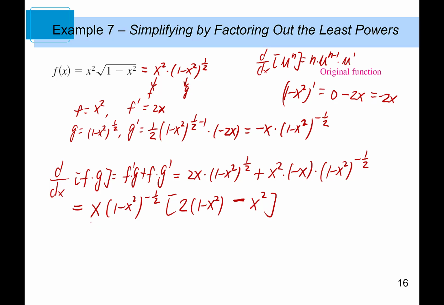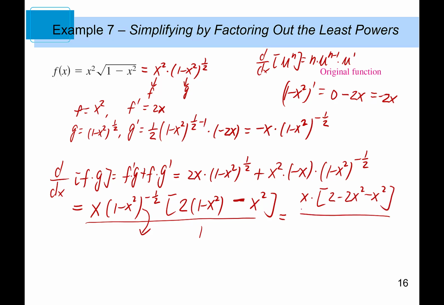And then you make it a fraction, flipping the negative exponent to the denominator, so we have x times (2 minus 2x squared minus x squared), and this thing becomes (1 minus x squared) to the 1/2.